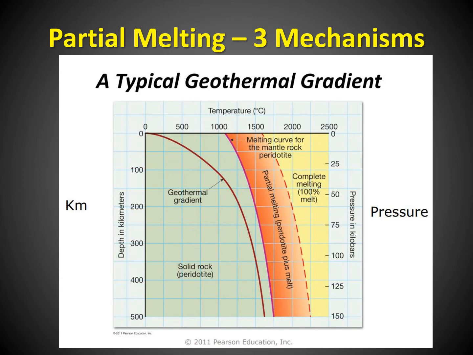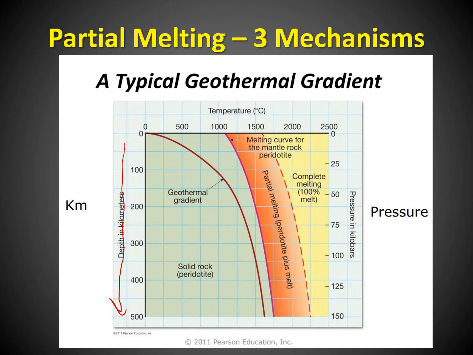And that's what you're seeing with this diagram right here. So let's take a minute. If you want to draw this, okay, on this axis, this is depth in kilometers. So that's how far you're going into the Earth, right? And this goes down to 500 kilometers, 300 miles, pretty deep.